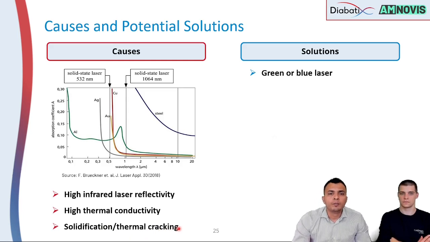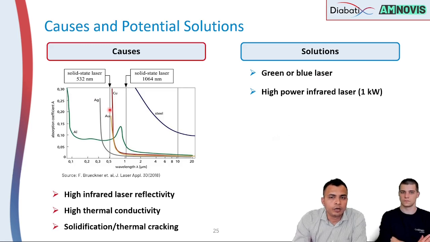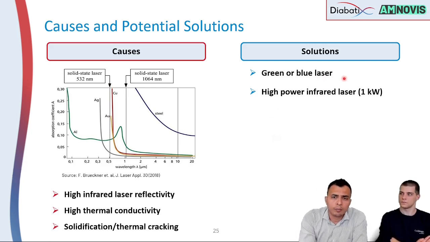As I have explained all the causes, on the right side I give potential solutions. The first and foremost solution that people are using is the use of green or blue lasers. As I explained in this graph, someone would use green and blue lasers simply because you want to improve the optical absorptivity. People are now manufacturing copper components with green and blue lasers, but there are two things that need to be addressed.